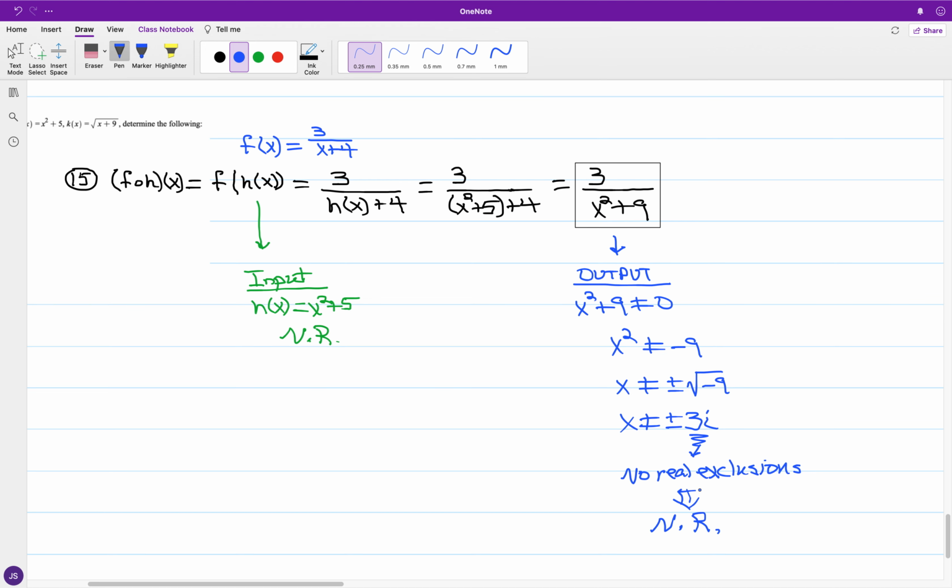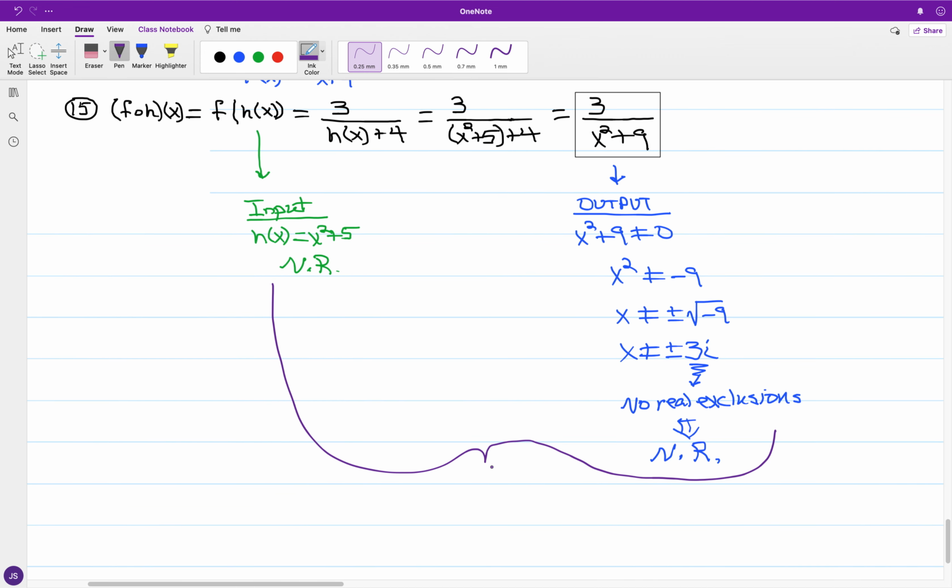So anything that x is not allowed to be only comes from the set of complex numbers. So the input has no restriction and the output also has no restriction, and again, restrictions refer only to the set of real numbers. So for this composition, we have no restriction at all. That means that the domain in problem 15 is going to be the set of all real numbers.